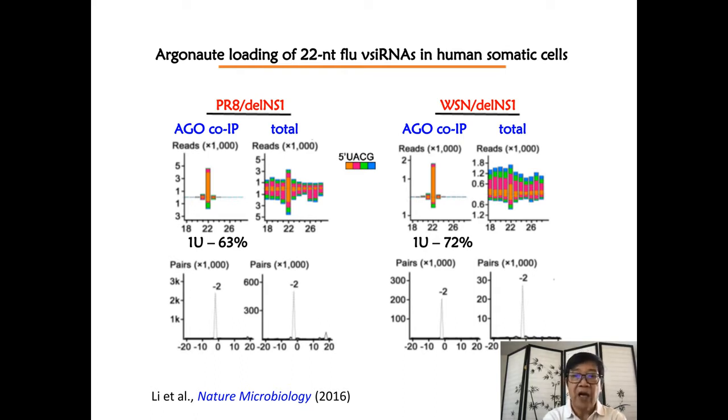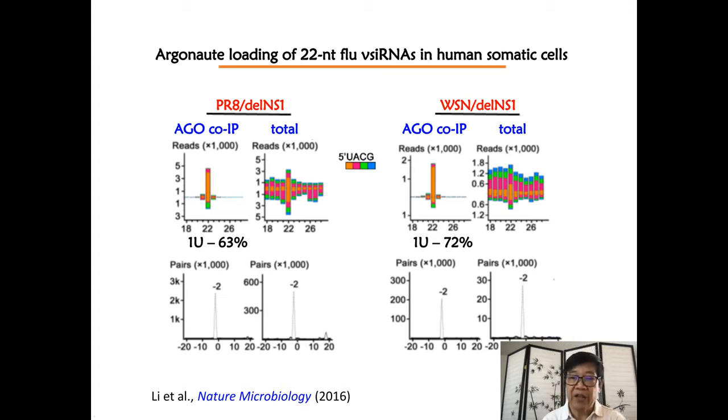Note that compared to the Argo-loaded population at the left, the total small RNA sequencing libraries contain less dominant 22 nucleotide viral siRNA.